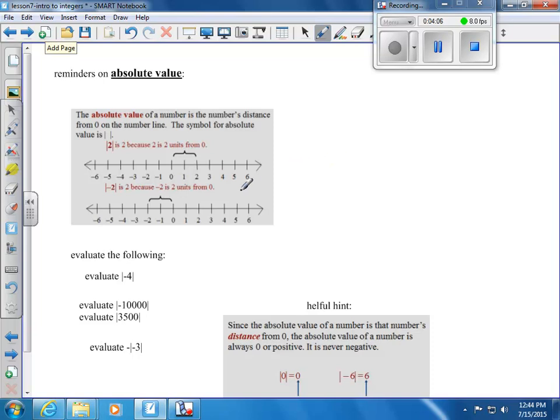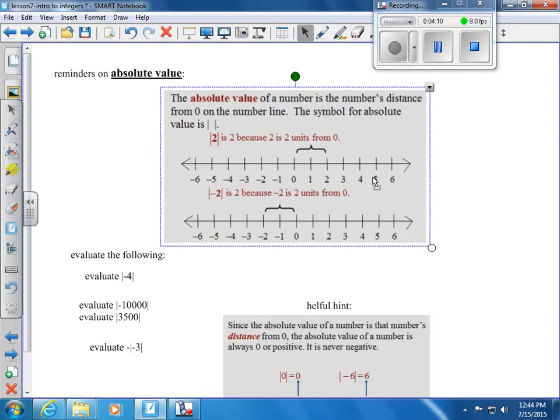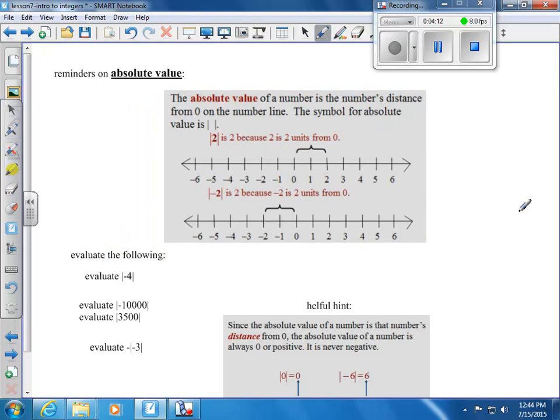As we go through these guided notes, I'm going to actually expand this a little bit. Absolute value. Reminders on absolute value. If it's been a while since you've seen it, symbolically, the absolute value of a, those bars, right? The absolute value of a number is the number's distance from 0 on the number line. And the symbol for absolute value is those bars.